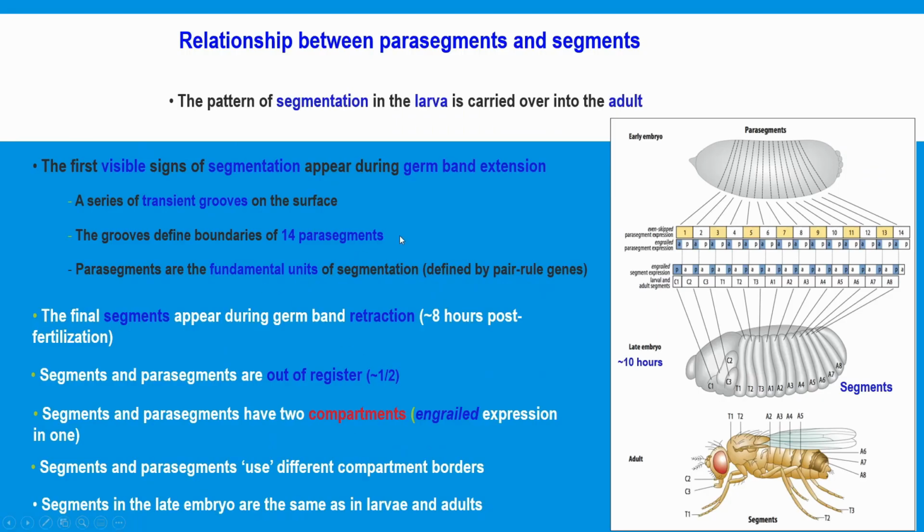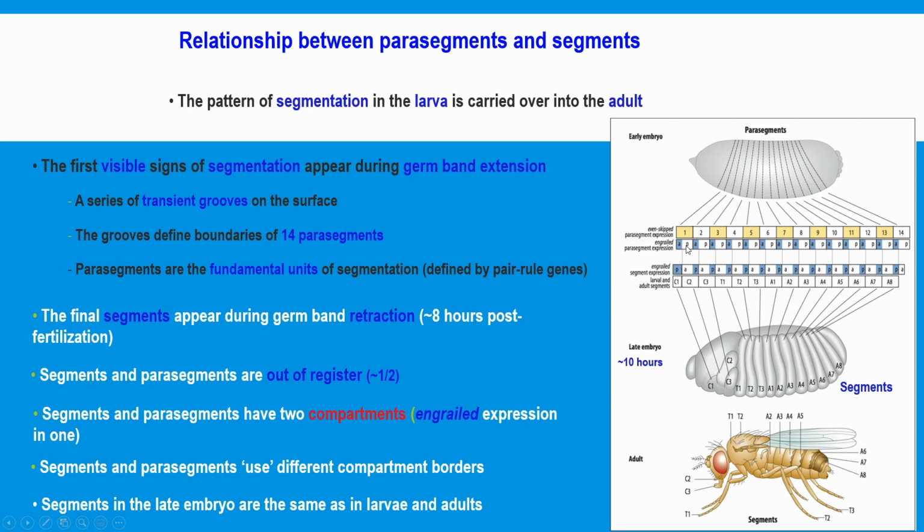I can remind you about the parasegments and segments. The first thing to think about is that the parasegments are sort of temporary segments that are out of register with the final segments. And what do we mean by that? Well, each individual parasegment has an anterior region and a posterior region, and then when the final segments form with these very defined grooves, we see that the anterior region will be the posterior region of a segment.